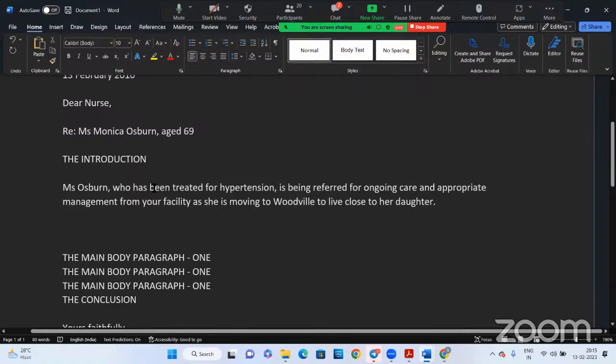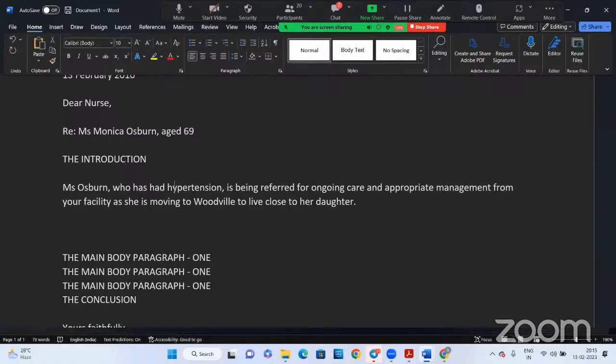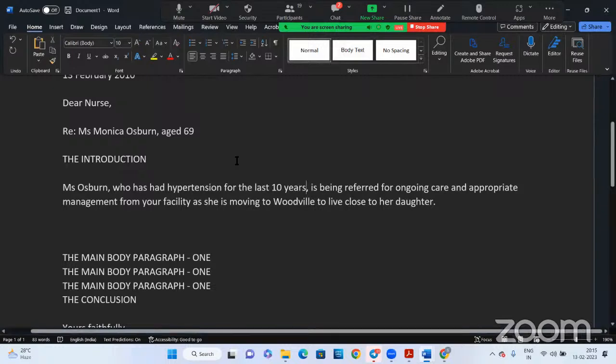Or, who has had hypertension for the last 10 years is being referred for ongoing care and appropriate management from your facility as she is moving to Woodville to live close to her daughter. Or you can write in 2 sentences.